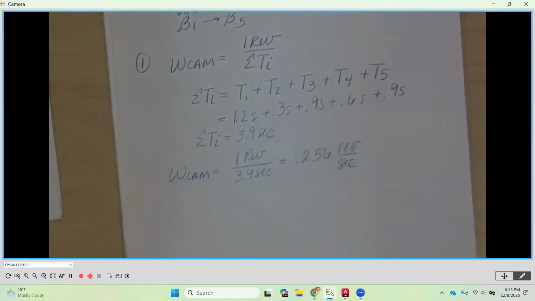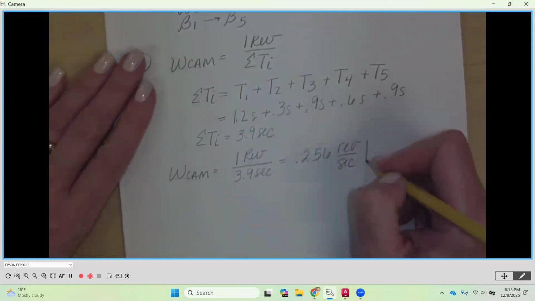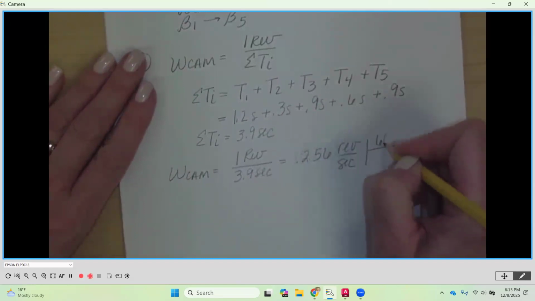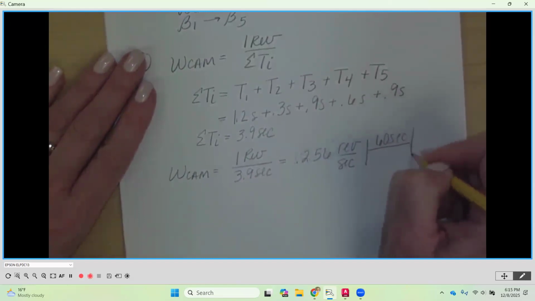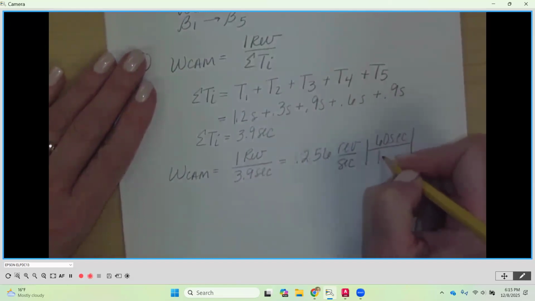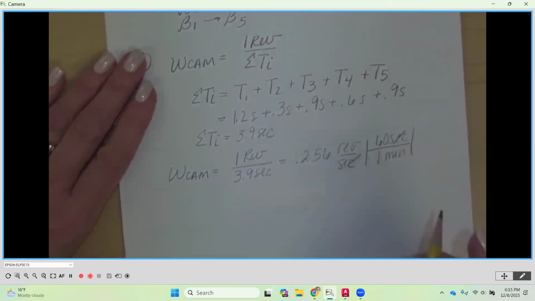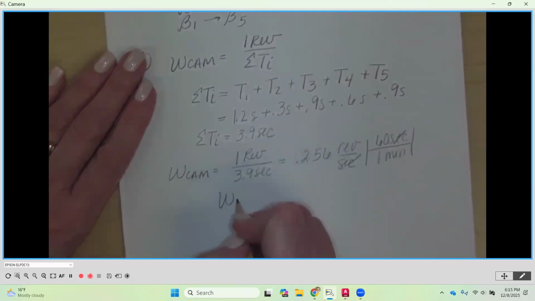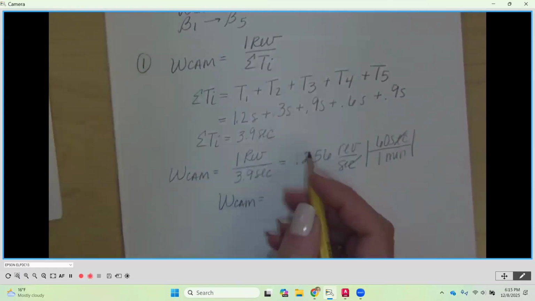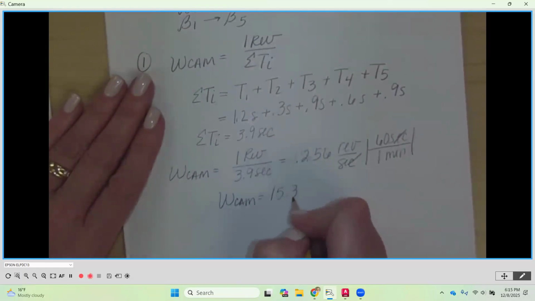Now, if I was telling somebody what the angular velocity of my cam was, I would probably give it in revolutions per minute, right? So we'll do a quick conversion. Our 60 seconds will go up on top and 1 minute goes on the bottom. Canceling those 2 out, I'm in revolutions per minute. So my W of my cam should be 15.38.